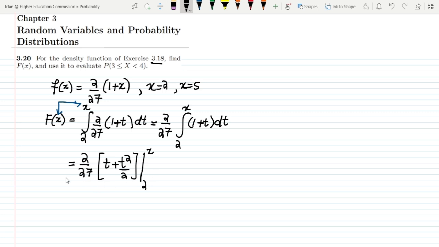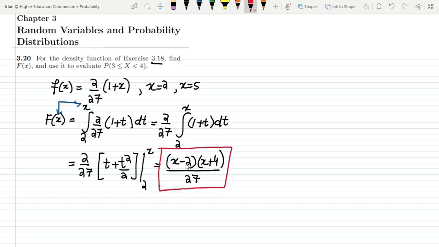After putting these values and simplifying, at the end you will get x minus 2 multiplied by x plus 4, whole divided by 27. This is basically the capital F of x which I wanted to find, the CDF.